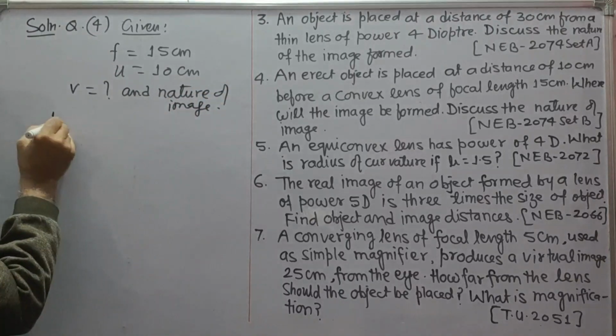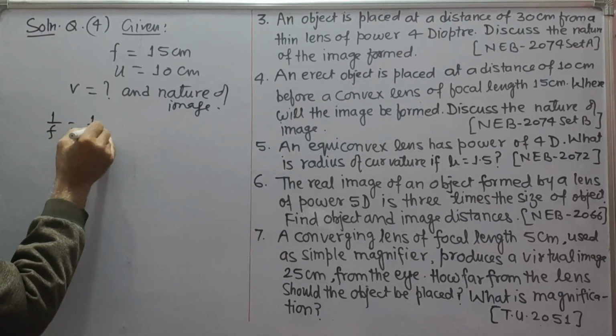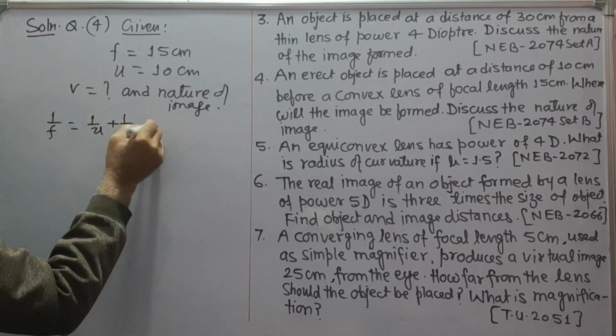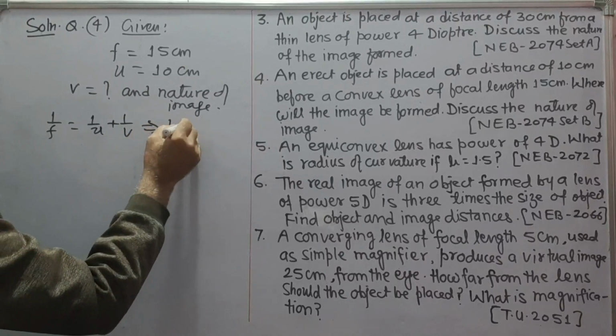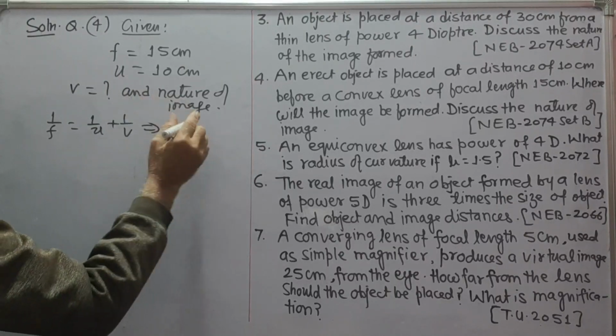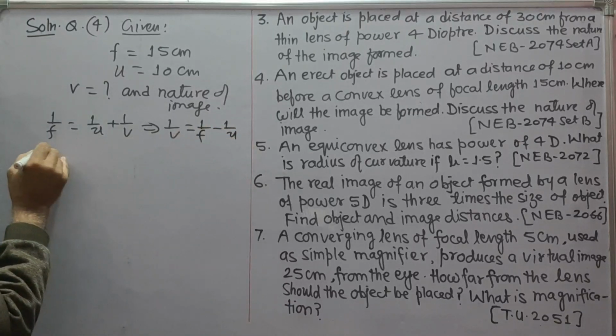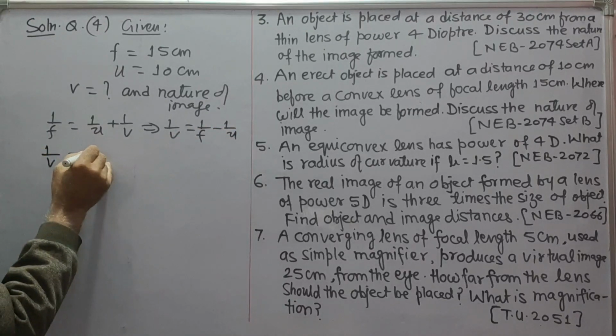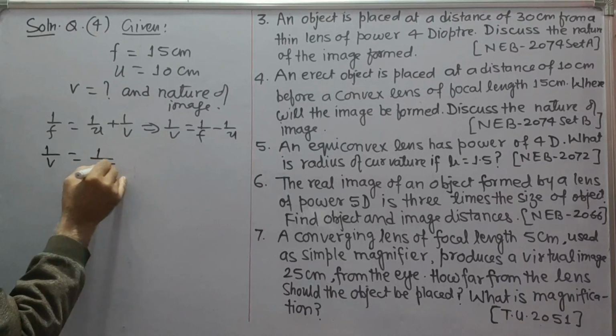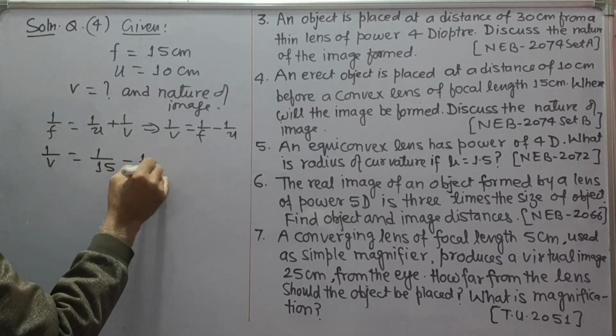Now, from lens formula, 1 upon f is equal to 1 upon u plus 1 upon v, which gives 1 upon v as 1 upon f minus 1 upon u. 1 upon v is equal to 1 upon 15 minus 1 upon 10.